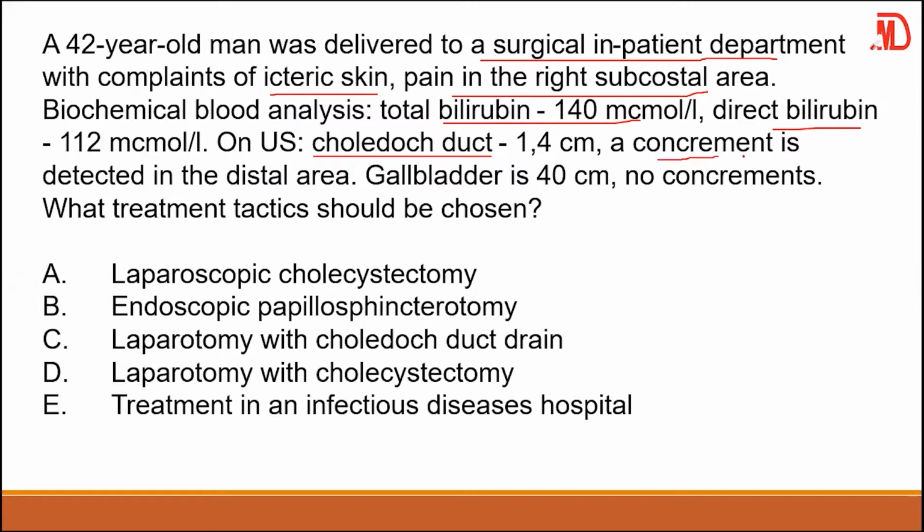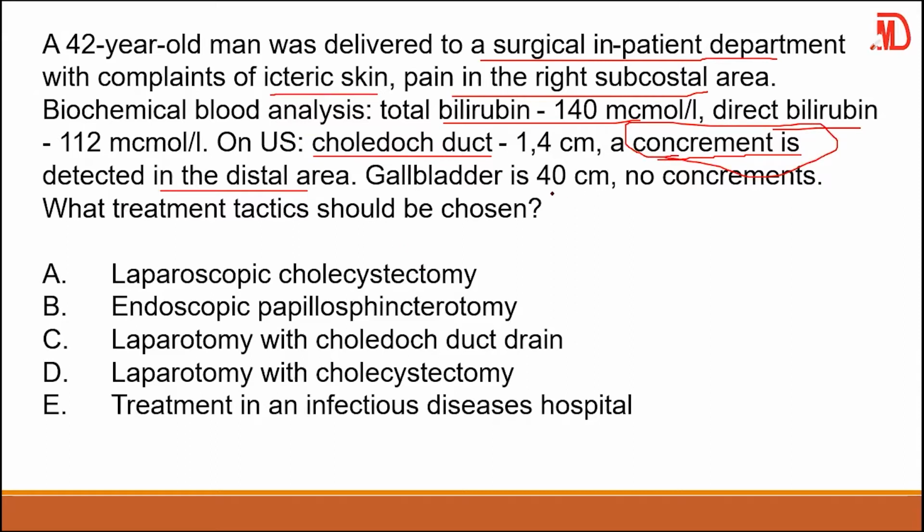There is a concrement. Concrement simply means stones, detected in the distal area. So that means that in the bile duct, at the distal area, there is presence of stones inside.